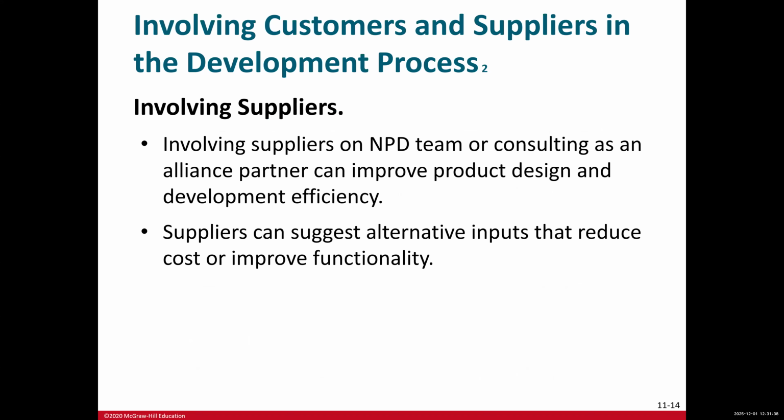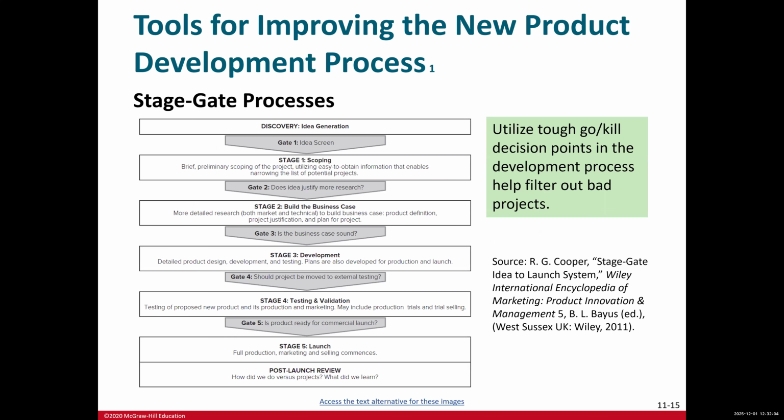And even suppliers' insight can be really important and very valuable to us. For NPD, the distribution and the supply chain are very important, so we can involve them as well and receive feedback, because it can definitely reduce cost or improve functionality because of their insights and experience in the market.